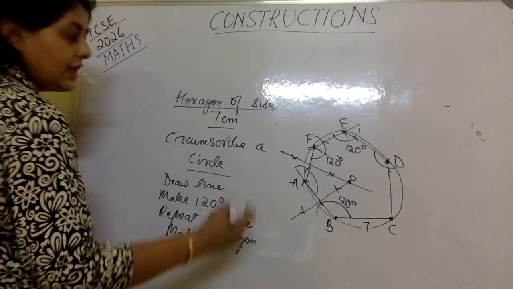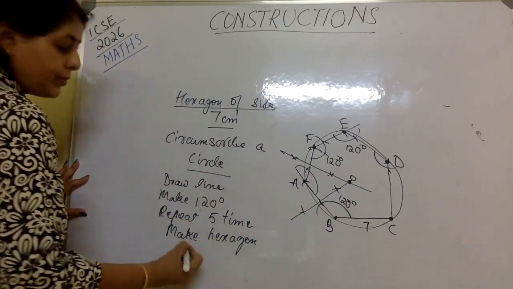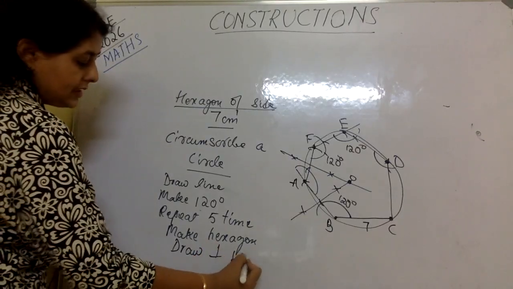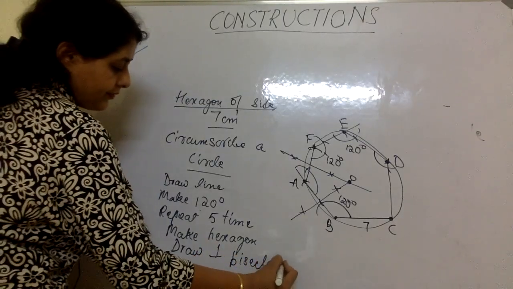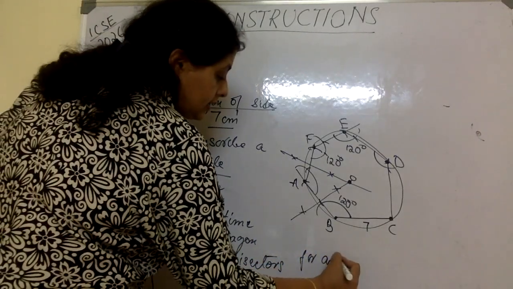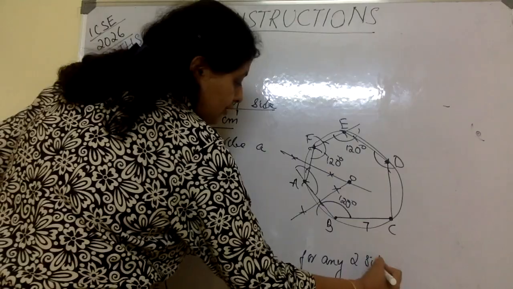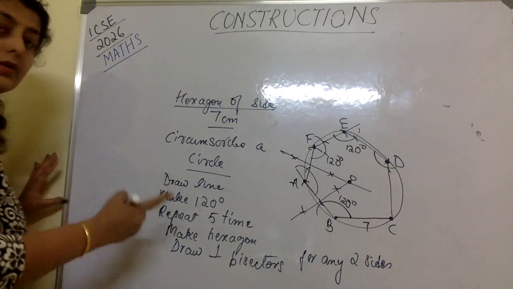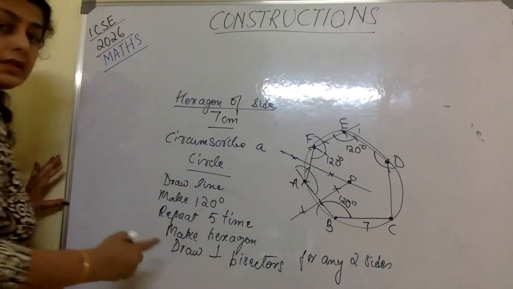And then draw perpendicular bisectors for any two sides. Once you have drawn them, take the point of intersection.